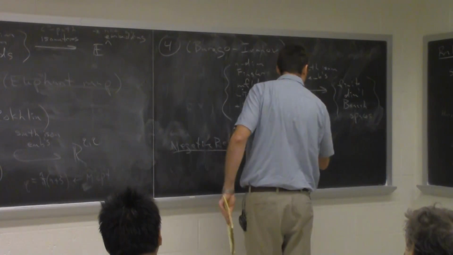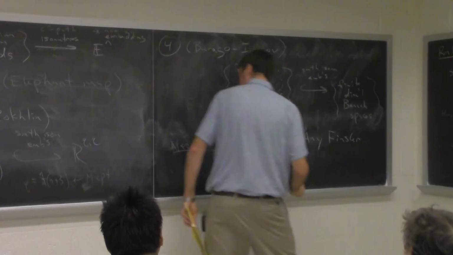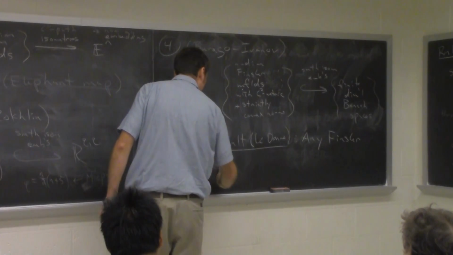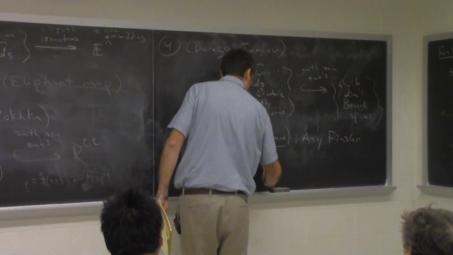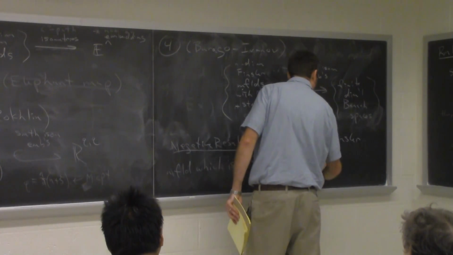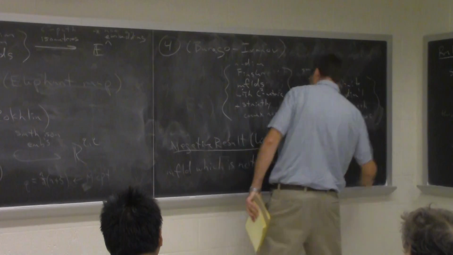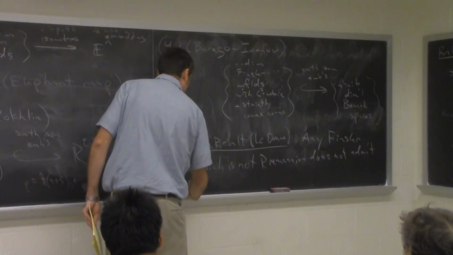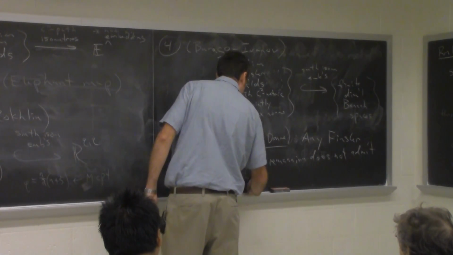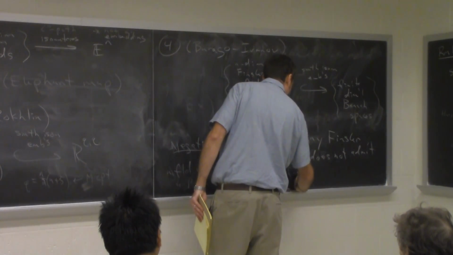any Finsler manifold which is not Riemannian does not admit a path isometric embedding into Euclidean space, En for any n.